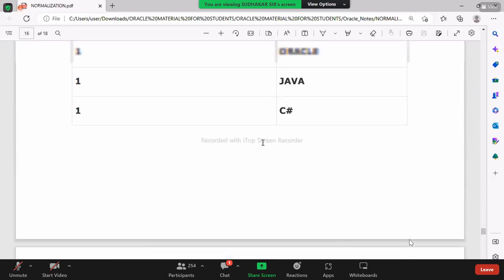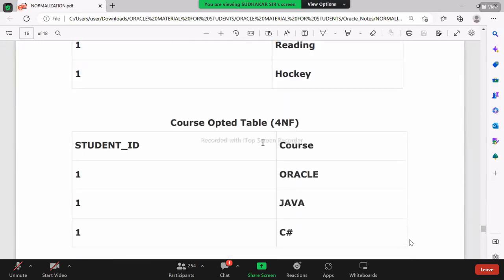Now you can see: 4NF says if you have more than one independent multi-valued column, then split. 5NF says your table has multi-valued columns, any number, 1 or 2 or 3 or 4, no matter, but don't split. So it's quite the opposite. 4NF says split, 5NF says don't split.